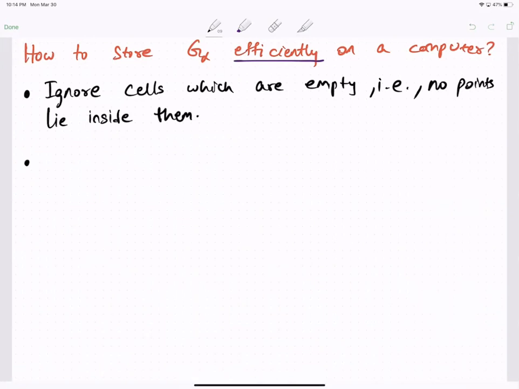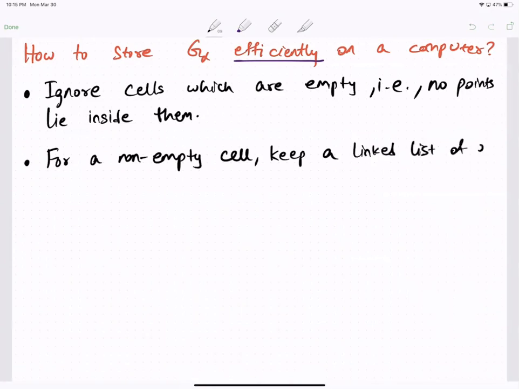So now for a non-empty cell, just look at all the points that lie inside that cell and just keep a linked list of all the points lying inside. That's it, very simple. And so that is an easy, very simple data structure.